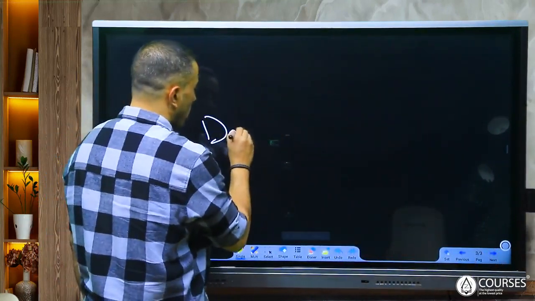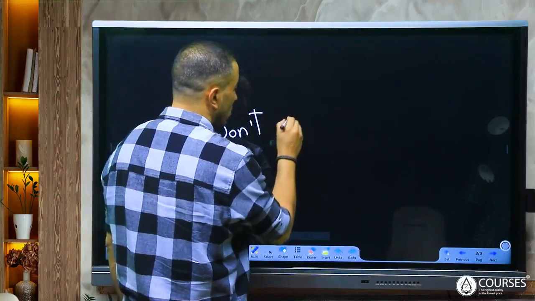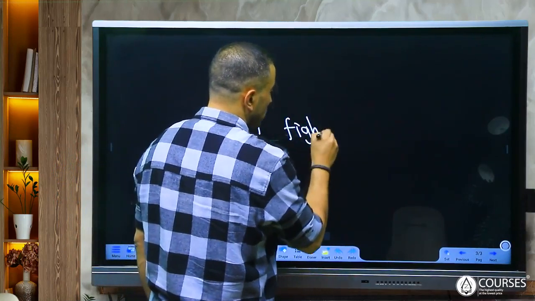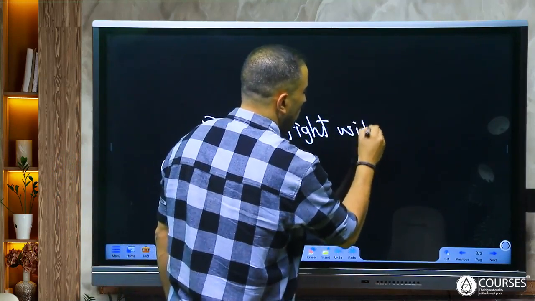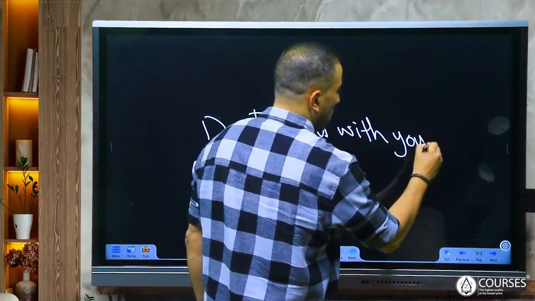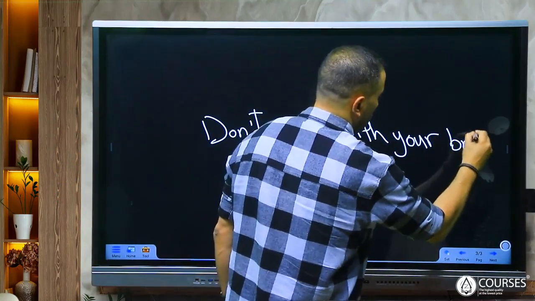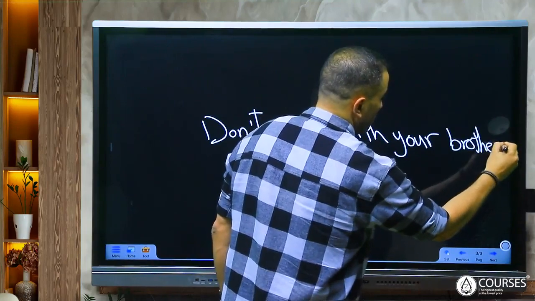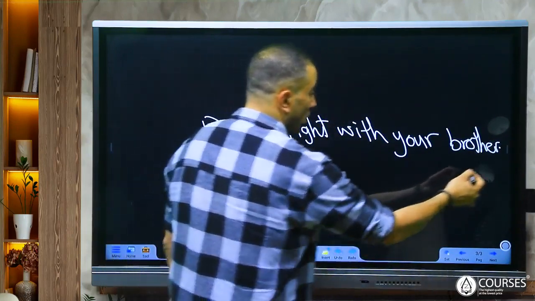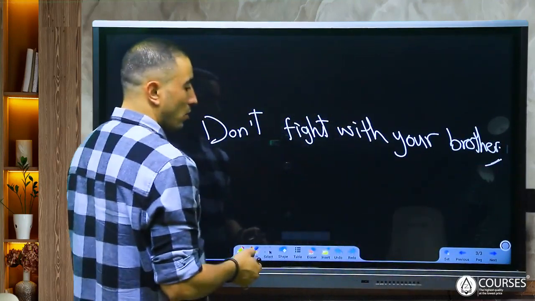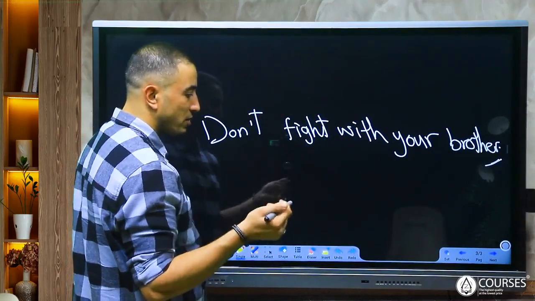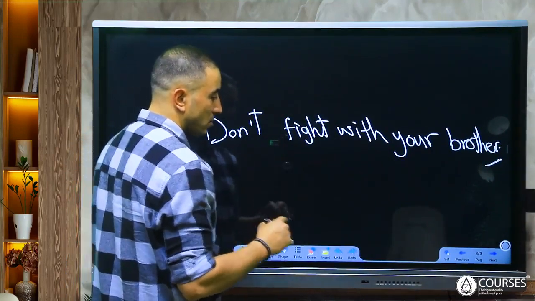Don't fight with your little brother or your little sister. Brother or sister or whatever. And this type of sentence we also end with a full stop. Okay, all of those are the declarative and the imperative sentences.